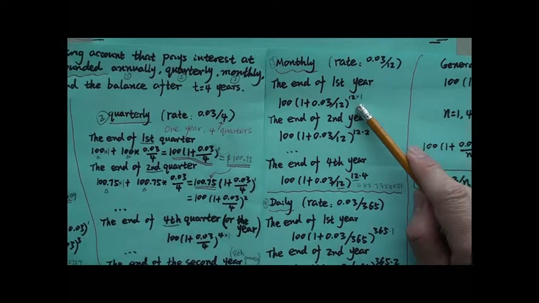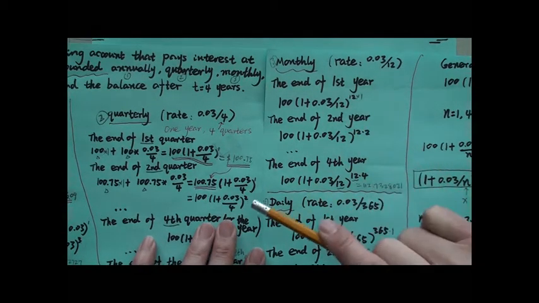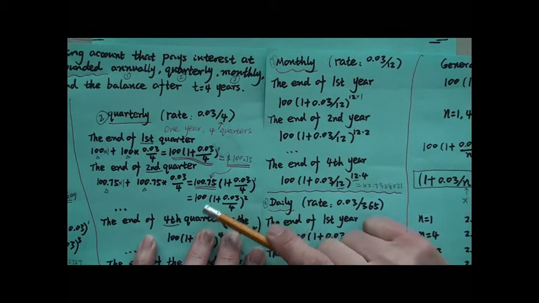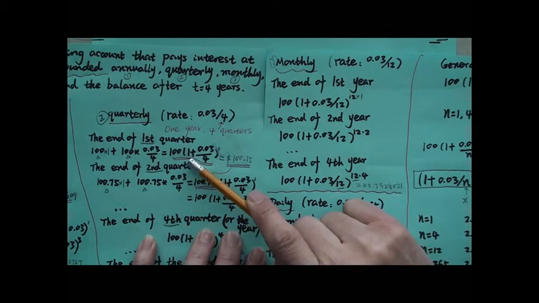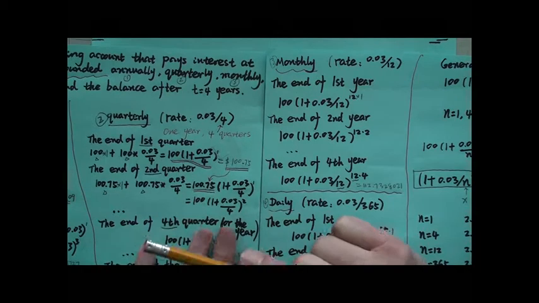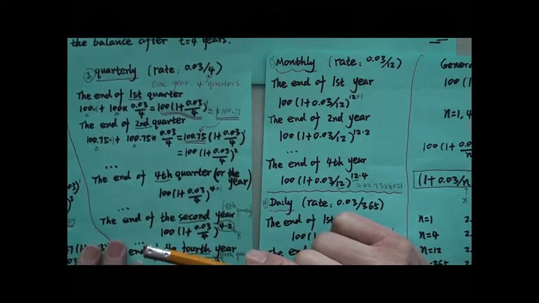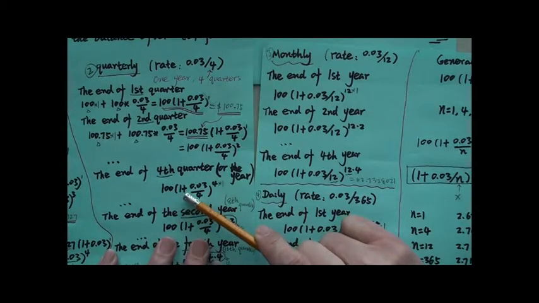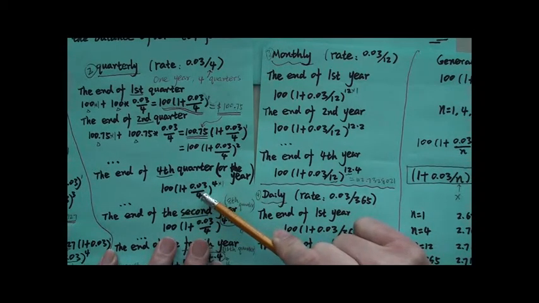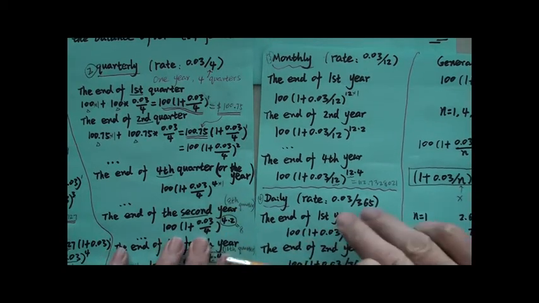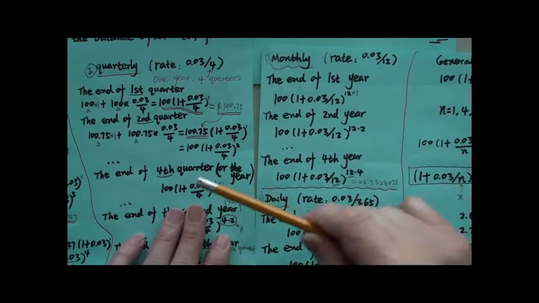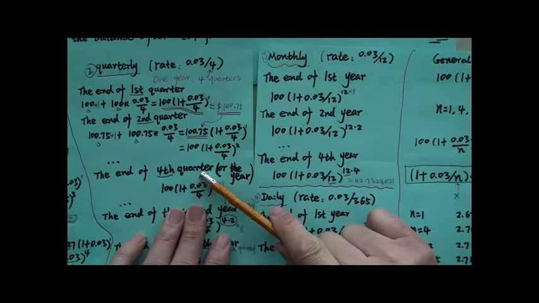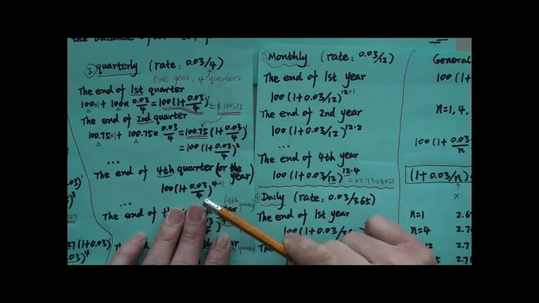So previously we get at the end of the first year, 100 times 1 plus 0.03 over 4, the whole quantity to the 4 times 1. That's at the end of the fourth quarter or the end of the year.